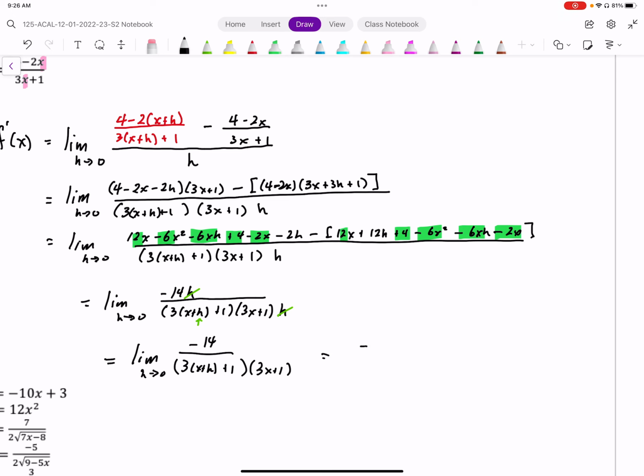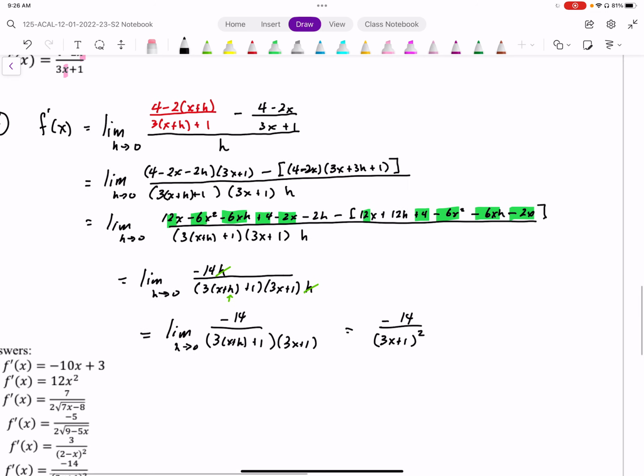So we end up with negative 14 over 3x plus 1 times 3x plus 1, or 3x plus 1 squared. So there's my derivative function using that Newton quotient.